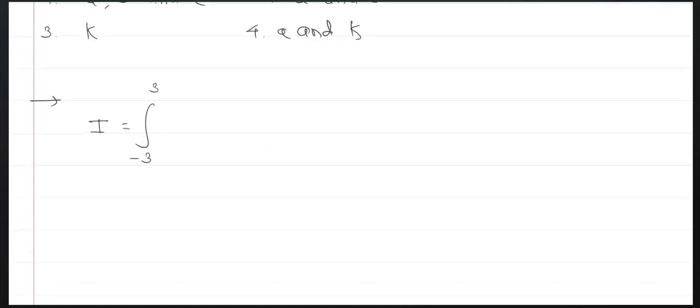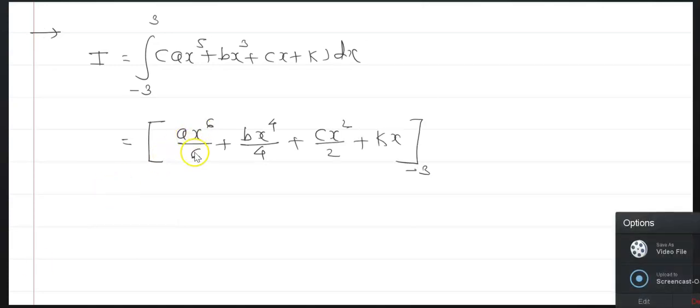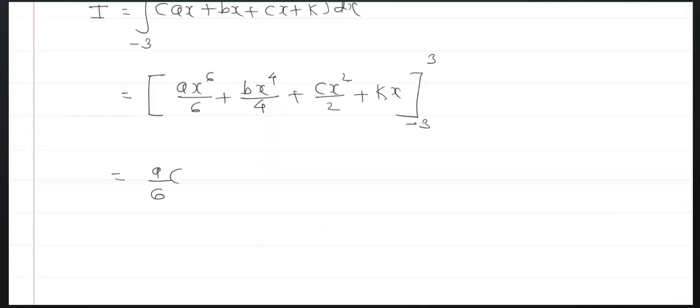Now I is equal to the integral from minus 3 to plus 3 of ax^5 + bx^3 + cx + k dx. Now their integration, the normal integration, is ax^6 upon 6 plus bx^4 upon 4 plus cx^2 upon 2 plus kx, from minus 3 to plus 3. Substitute the values.